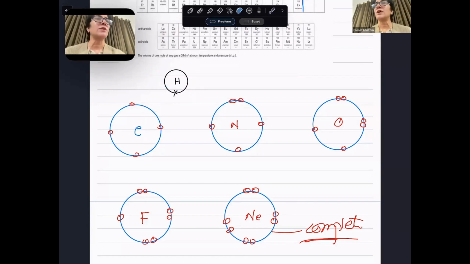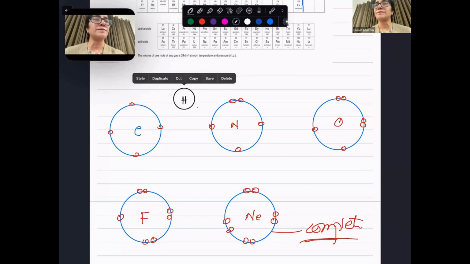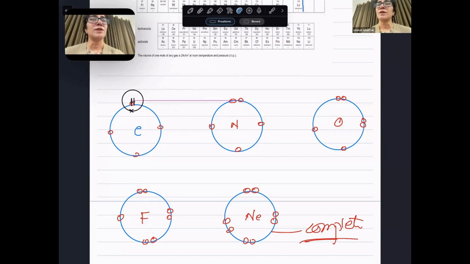Oh, I made a mistake. I'm going to draw it again. This is the hydrogen, having one electron. Now see, it can share this.